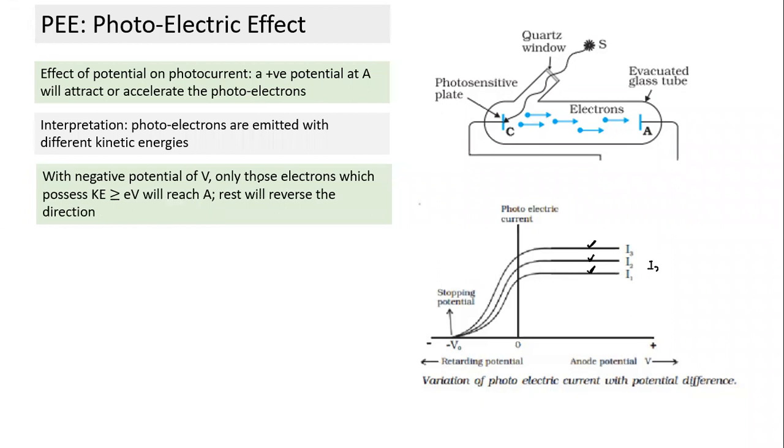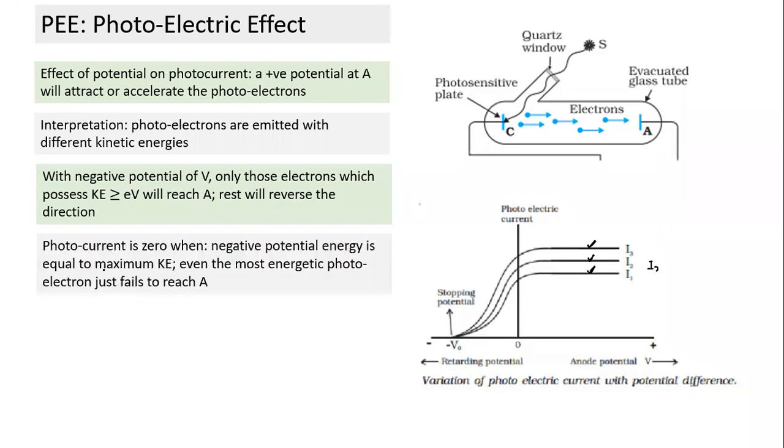I hope this is easy to understand. Photocurrent is zero when the negative potential energy is equal to the maximum kinetic energy, so even the most energetic photoelectron just fails to reach A. What does this point correspond to? You cannot observe the fastest moving electron, but assume that you can.